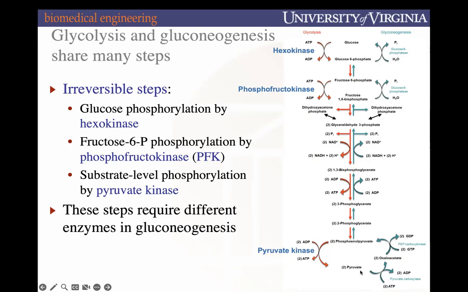Instead, a carboxylase turns pyruvate into oxaloacetate. We're going to talk about that later, so that name might sound familiar. Then from oxaloacetate, another carboxykinase can produce phosphoenolpyruvate. This is an example of how gluconeogenesis enables us to go back up some of these irreversible steps, but not directly using the same enzymes. It's other processes that enable us to go back up.